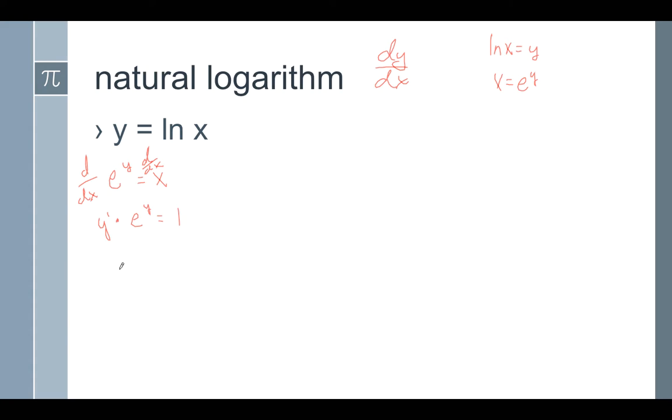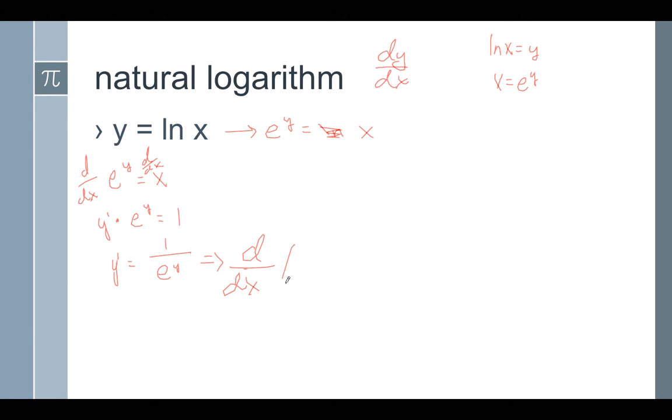Well, then we could go like this. All right, y prime is equal to 1 over e to the y, by dividing both sides. But we don't have a function of x yet. But we know from this statement that e to the y was equal to x.